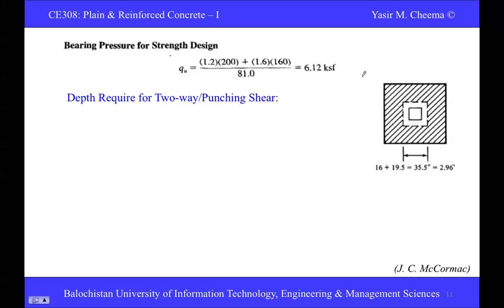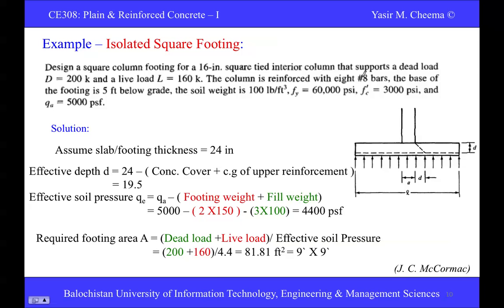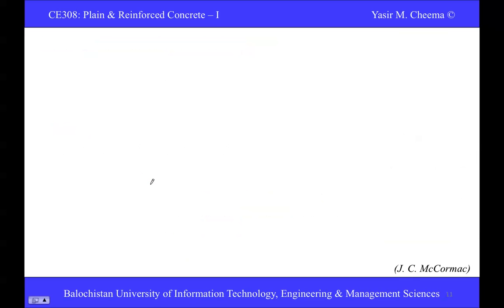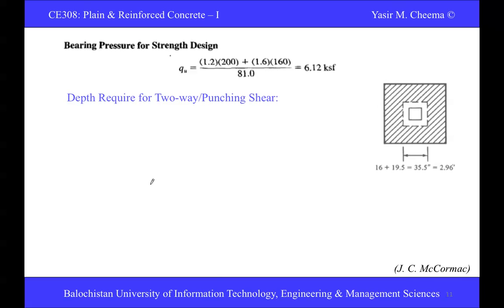So the depth required for two-way punching shear. Now we have to check whether the depth that we assumed is suitable. We assume the effective depth d is 19 point something, we assume 19.5. Does this satisfy the criteria for two-way punching shear?